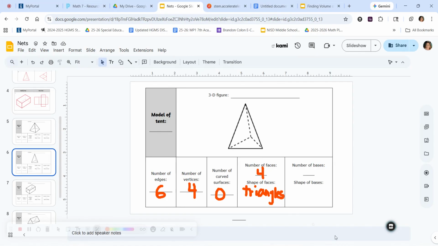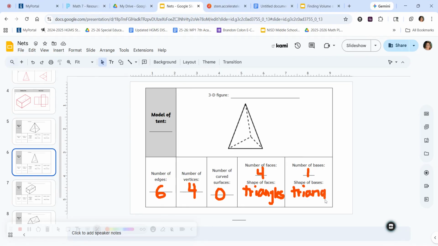Now, the base is right here. It's the one that it's sitting on. There's one base, and that shape of a base is a triangle as well.